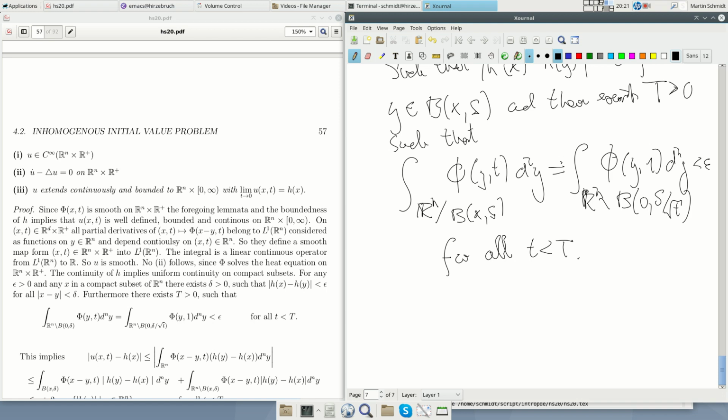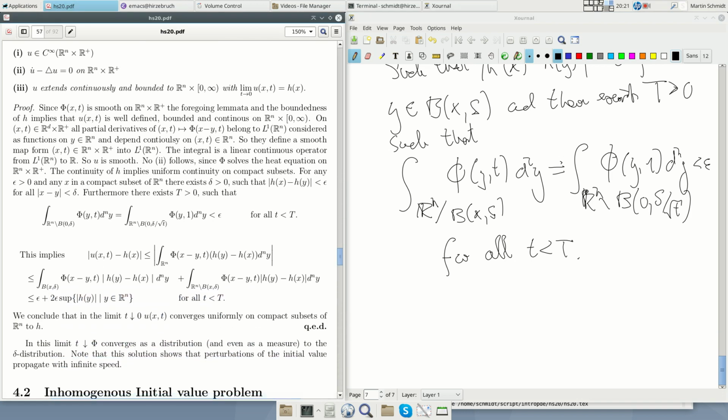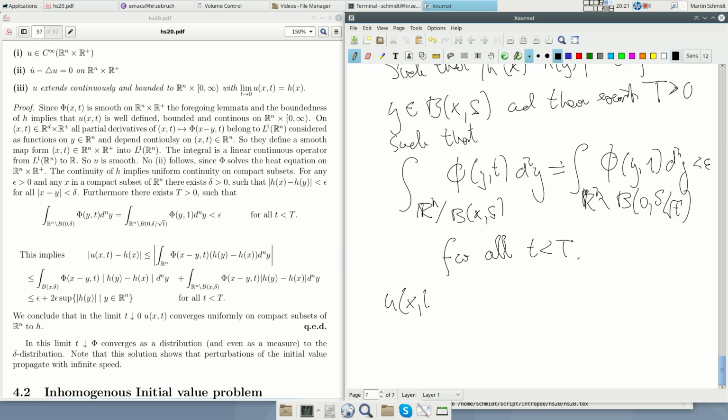And now we do what we have done before already. Now we estimate the absolute value of u of x, t minus h of x, for the same t.